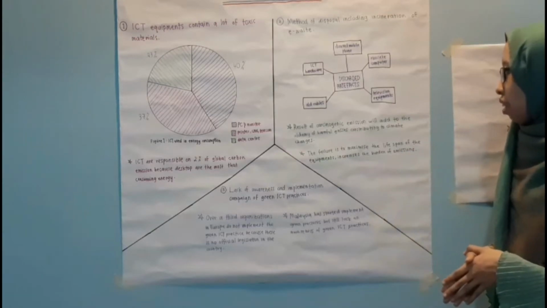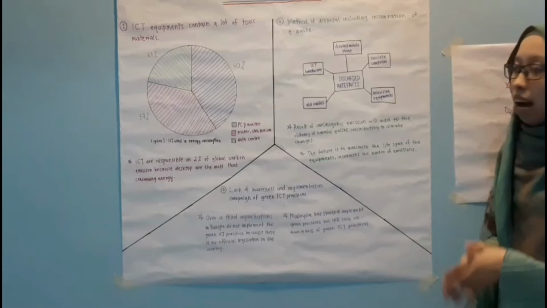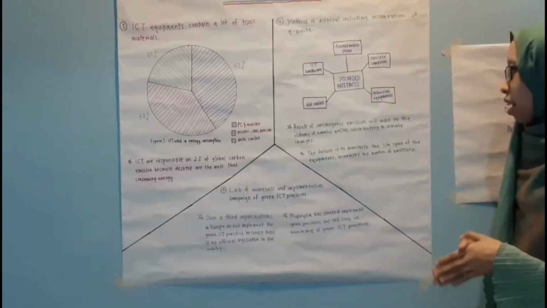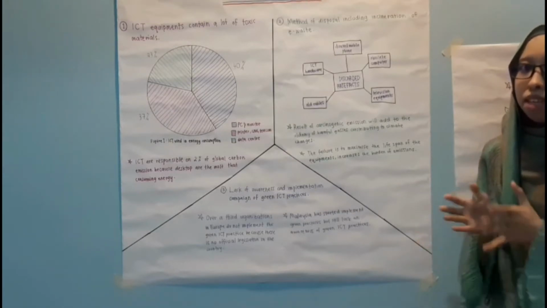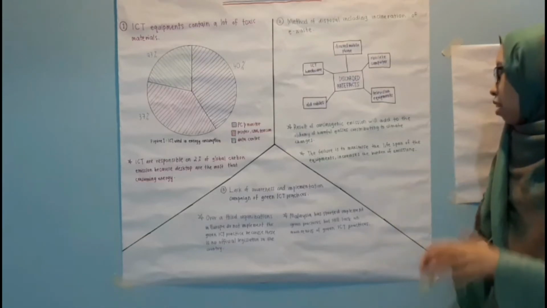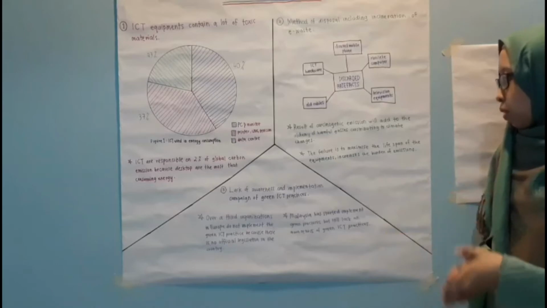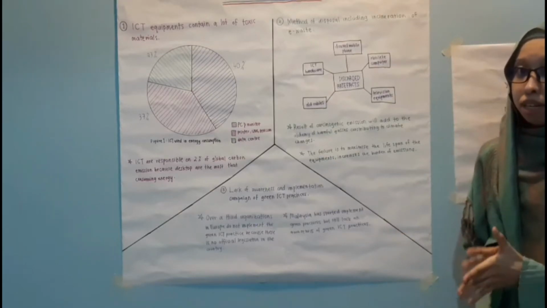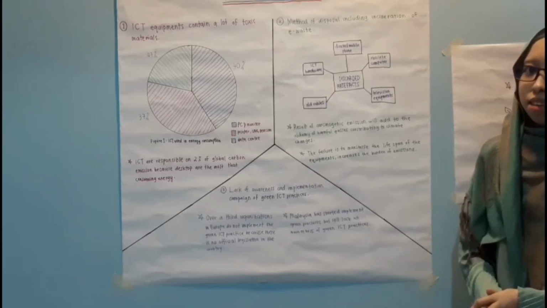The result is carcinogenic emission that adds to the mix of harmful gases contributing to climate change. The failure to maximize the lifespan of the equipment increases the burden of emission.